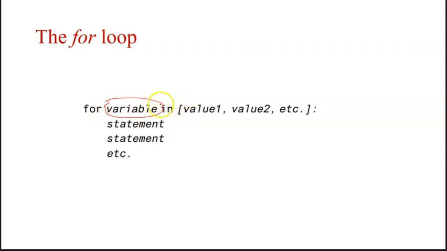So it's for variable in, where in is part of the syntax, and then you type in a list over here. You can type a list by hand, but in most cases we use the range function. The list is followed by a colon, and then the indentation block.